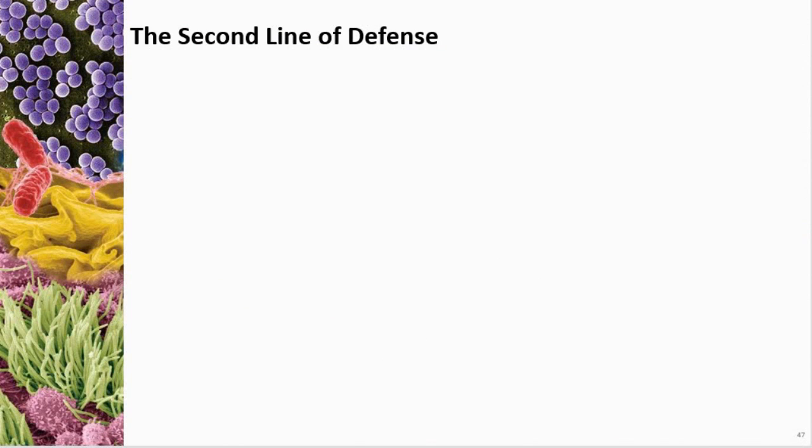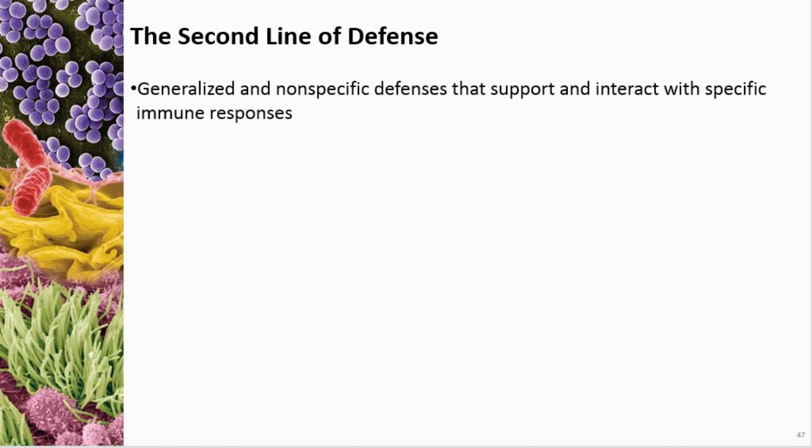Okay, let's get more specific about this second line of defense. This is what we'll spend the rest of our time for this chapter on. These are generalized and non-specific defenses that support and interact with the specific immune responses, which is the third line of defense. Now, the first line of defense was also generalized and non-specific, but those were barriers.